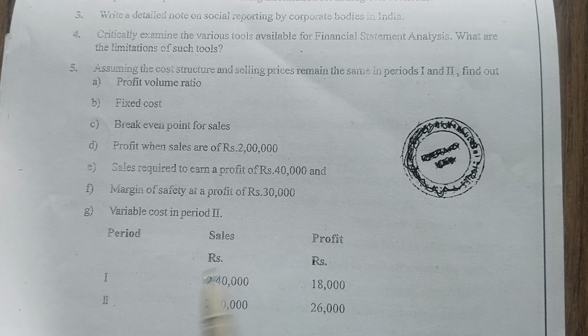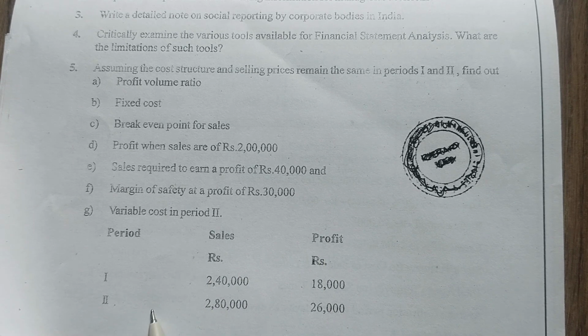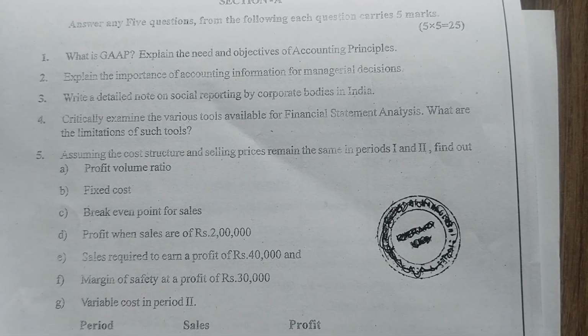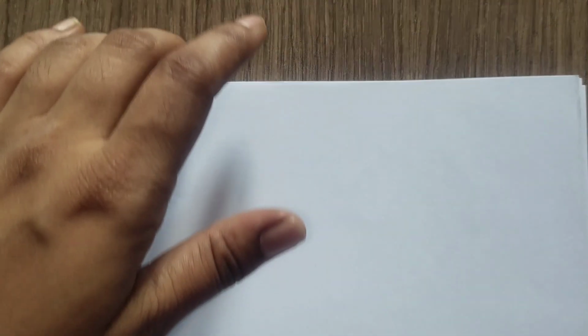Sales and profit are given for both the periods, that is first year 2 lakh 40 thousand and 18,000, second year 2 lakh 80 thousand and 26,000. Whenever the profits of two years are given, the formula we use in this situation is change in profit divided by change in sales for PV ratio. All the ratios I have done in one shot videos.